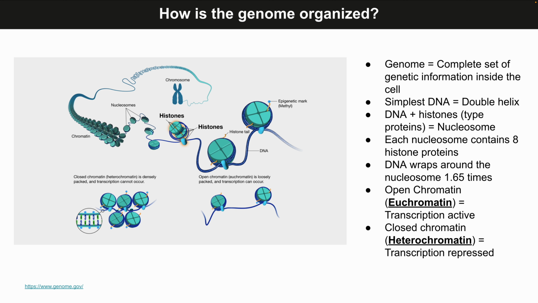But this brings a lot of stability to how the DNA is packed. It wraps around each nucleosome 1.65 times. So it's literally like a string on a bead kind of model. This helps compaction overall, so it can allow the entire set of chromosomes to be very, very compact.